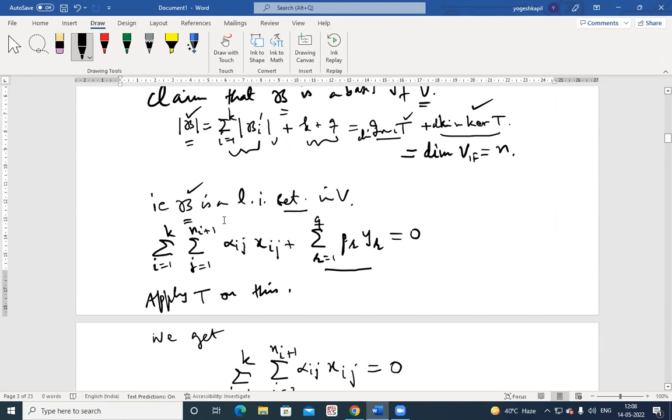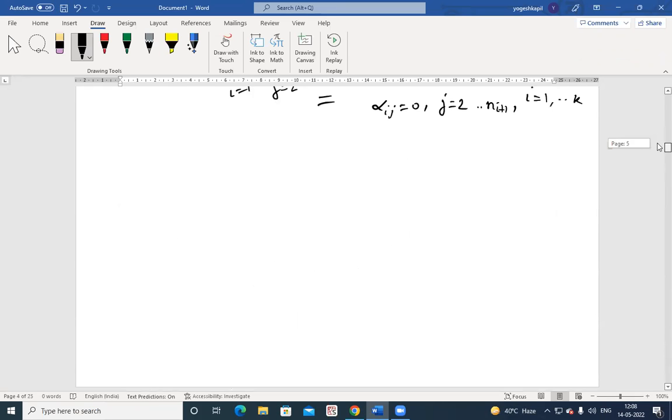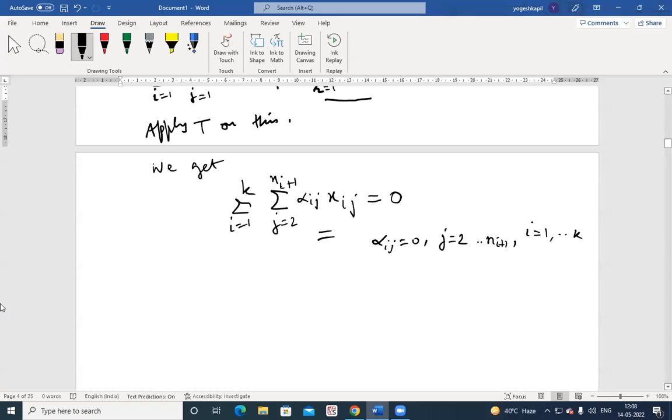Earlier j started from 1 to n_i plus 1, now it would start from 2. Okay. And therefore, these alpha ij's are 0 because that is a part of basis.